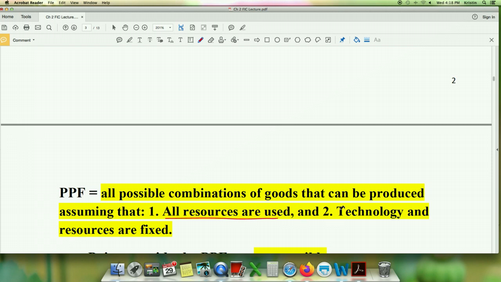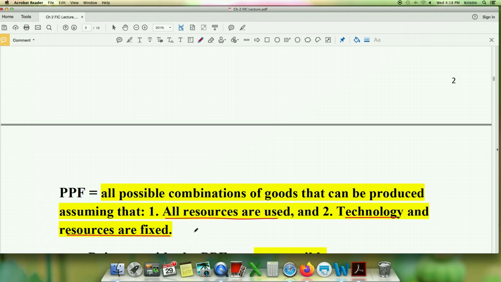And technology and resources are fixed. So we have to assume that, because if technology improves or the economy gets more resources, then it's going to expand their production possibilities. Okay, so we'll talk about that in a few pages, but for now we're going to assume that those two things are fixed.